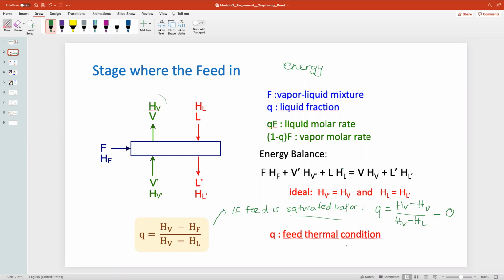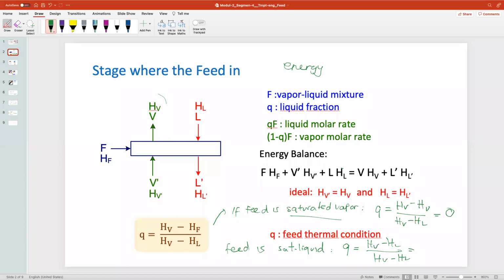How about if the feed is saturated liquid? Q equal to HV minus HL divided by HV minus HL. So what is the Q?